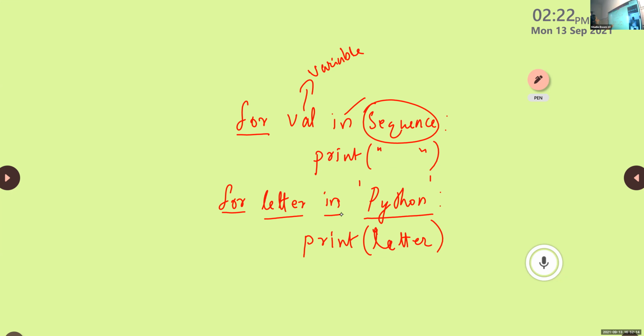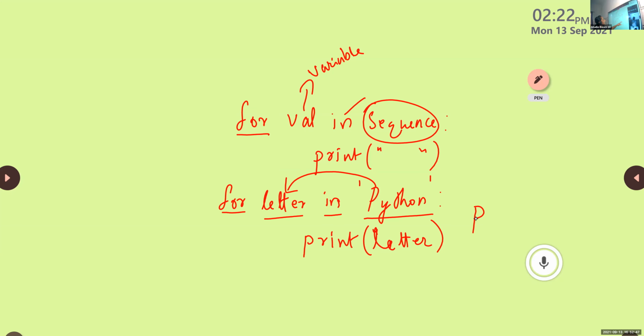So the working of this for loop is, first we will start from the first character of this word, that is P. In the case of first iteration, the first character is assigned to letter. From the word Python, P is assigned to letter. Then print letter means P is printed. So the first output is P.